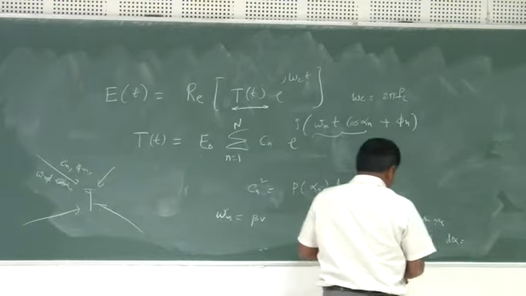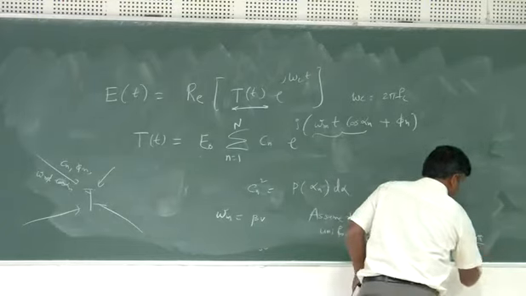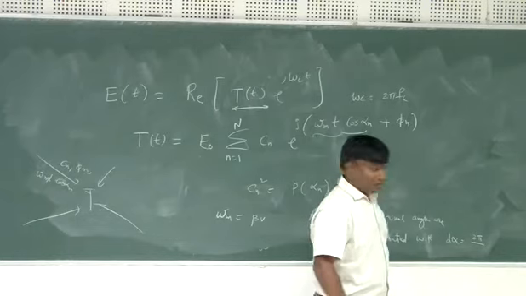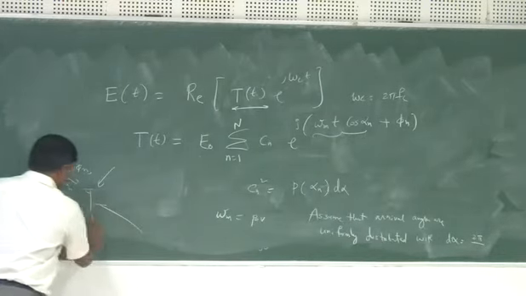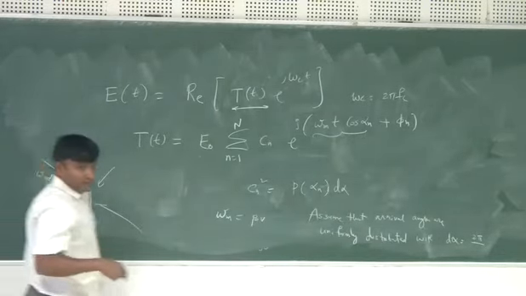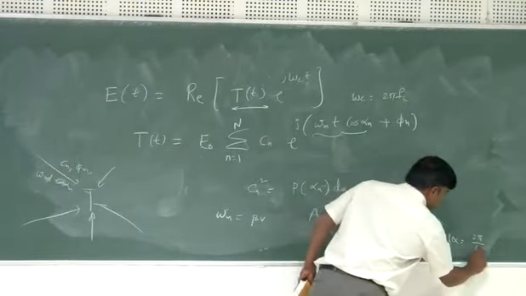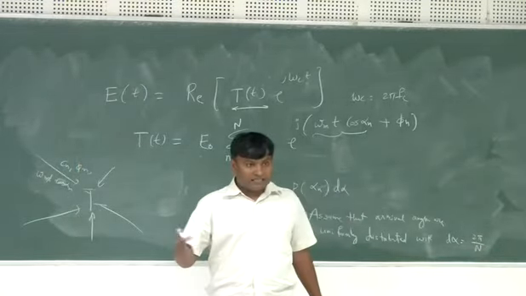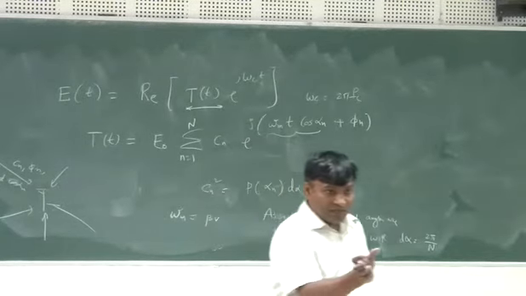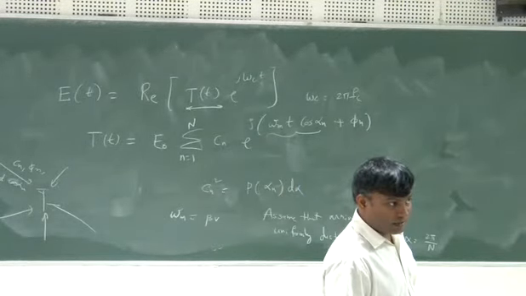Then d alpha will be 2 pi by n, where n is the number of rays. Okay? Of course, in the limit as n becomes very large, d alpha becomes infinitely small.